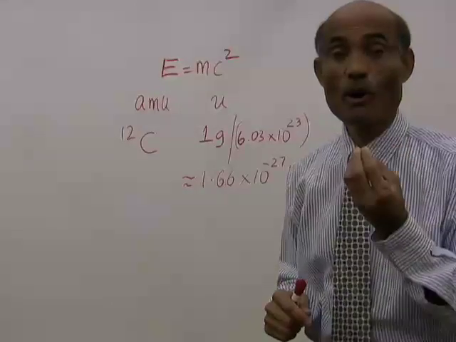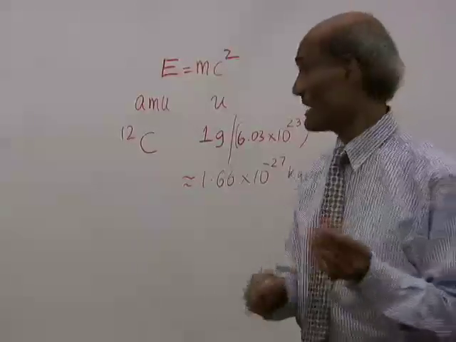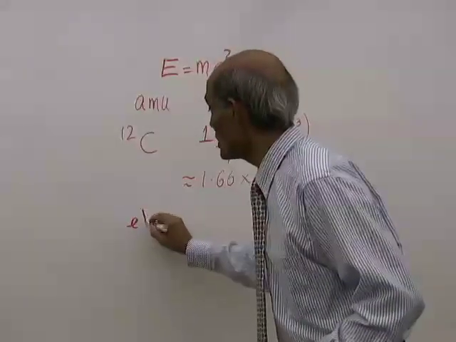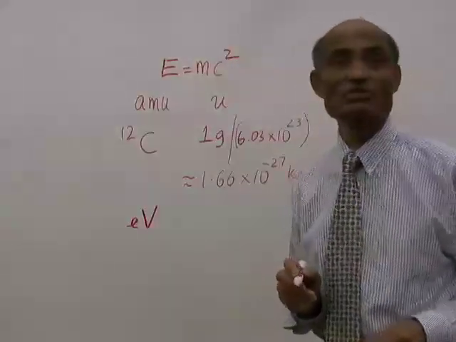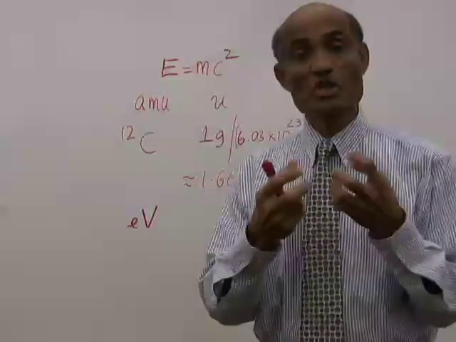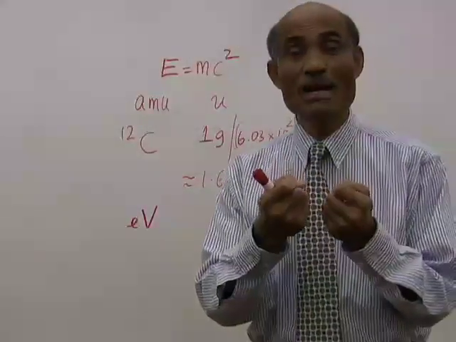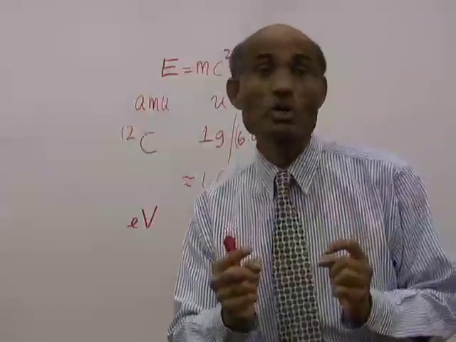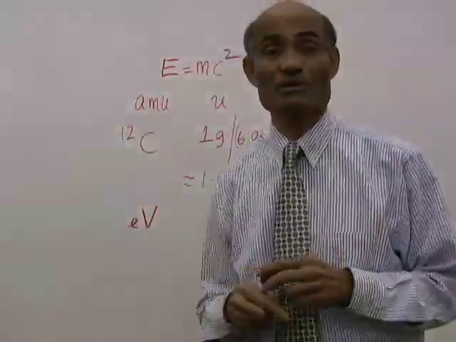What is the unit for measuring energy? We have already seen that. Energy is measured in a unit called electron volt. What is an electron volt? It is the energy acquired by an electron when accelerated by a potential difference of 1 volt.